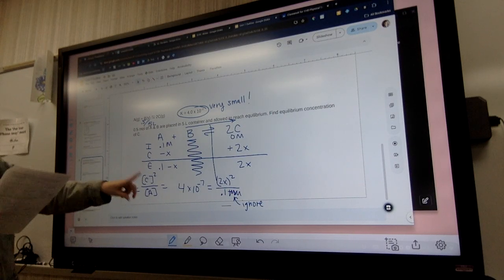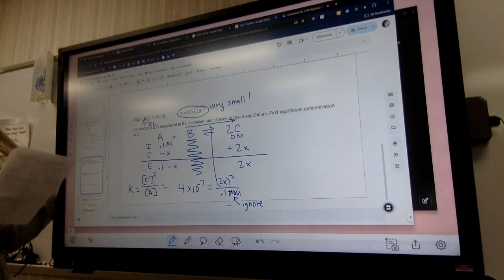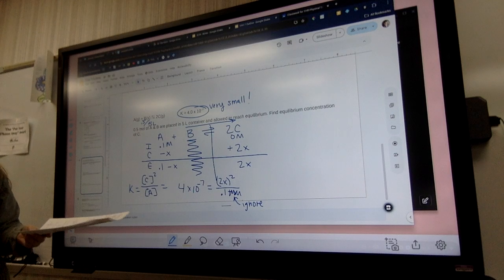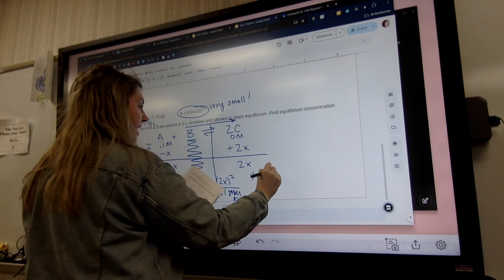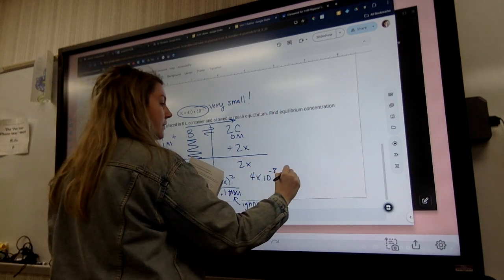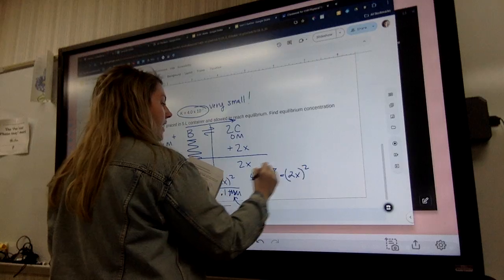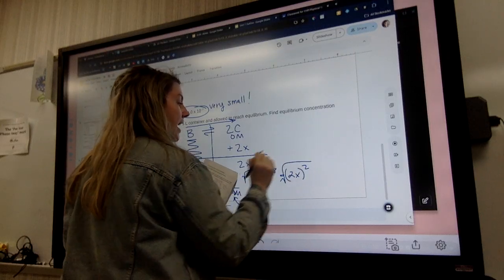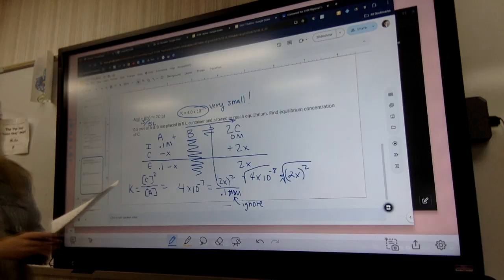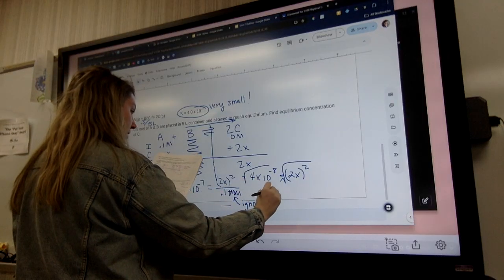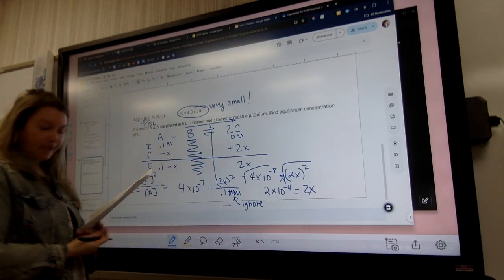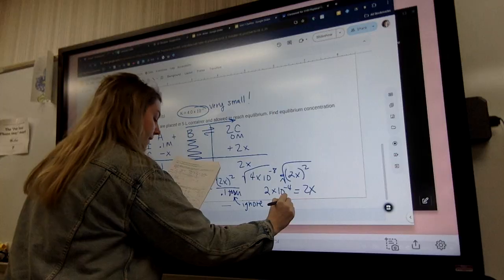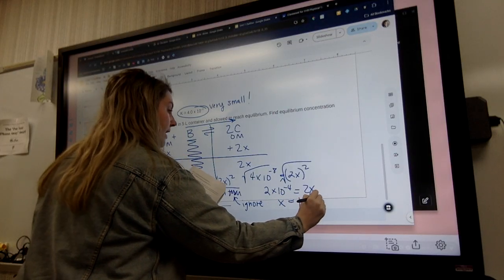So we're going to multiply over the 0.1, and then take the square root of both sides. I did 4 times 10 to the negative 8 when I multiplied over the 0.1, which is equal to 2x squared. I take the square root of both sides to get 2 times 10 to the negative 4th is equal to 2x. Then I divide by 2 to get that x is equal to 1 times 10 to the negative 4th.